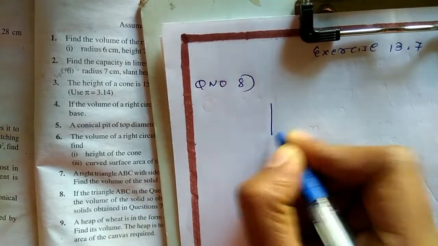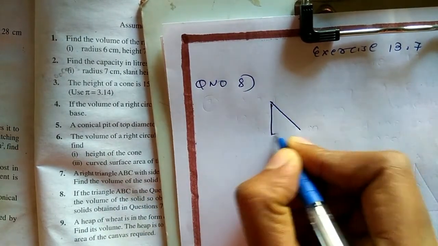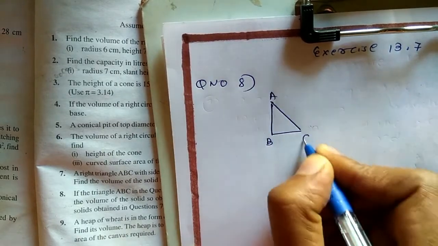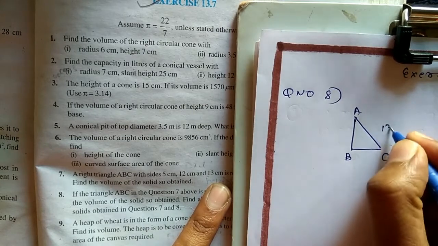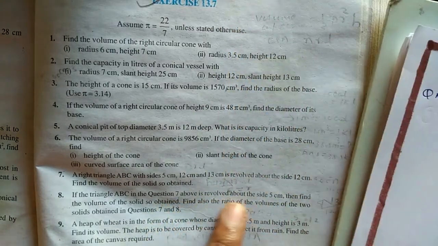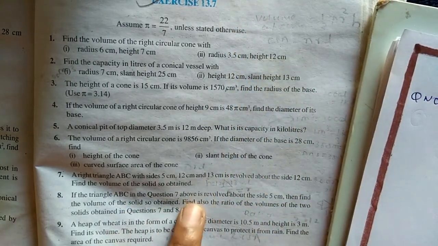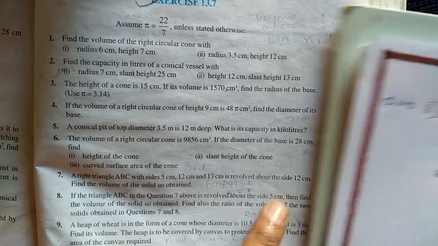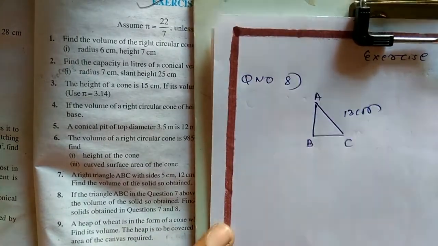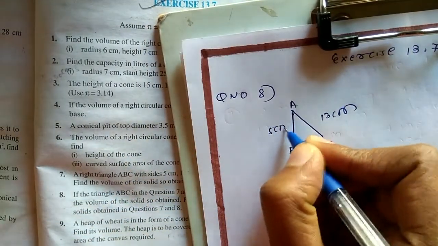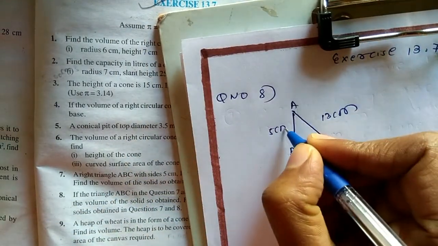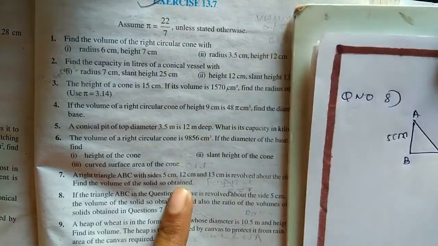So a right triangle ABC, with the same measurements, 13 centimeter, and in question number 7, ABC was revolved about the side 5 centimeter. To revolve, instead of taking it like this, I'll take 5 centimeter here. I'll rotate this. So this 5 centimeter will come here and the remaining side is 12 centimeter.